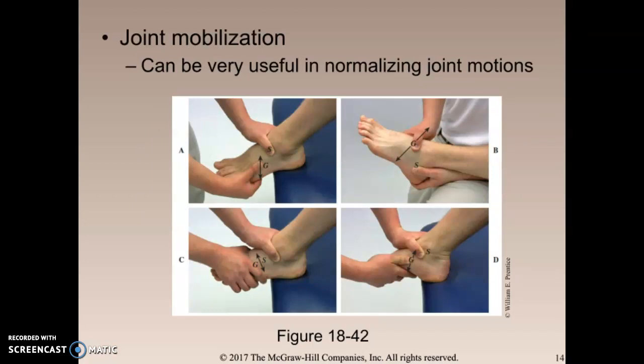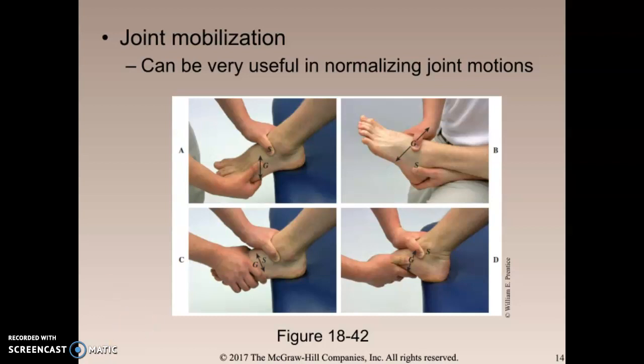Okay, joint mobilizations are used in the foot, usually more towards the ball of the foot. So as that animated video talked about, the tarsal bones are very connected and very stable. There's not a whole lot of movement in them. So there is some joint mobilization that we can do, but we don't do a ton in there. Typically, those are pretty fused together, and we don't do a ton of mobilizing.